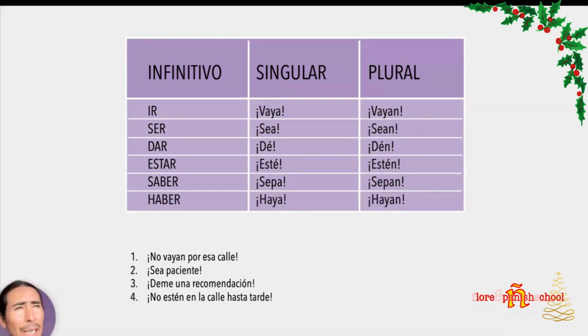Haber is going to be like there is or there are. So how can I do a command with that? The reason is because the imperativo formal we also use as part of the conjugation of the subjuntivo.